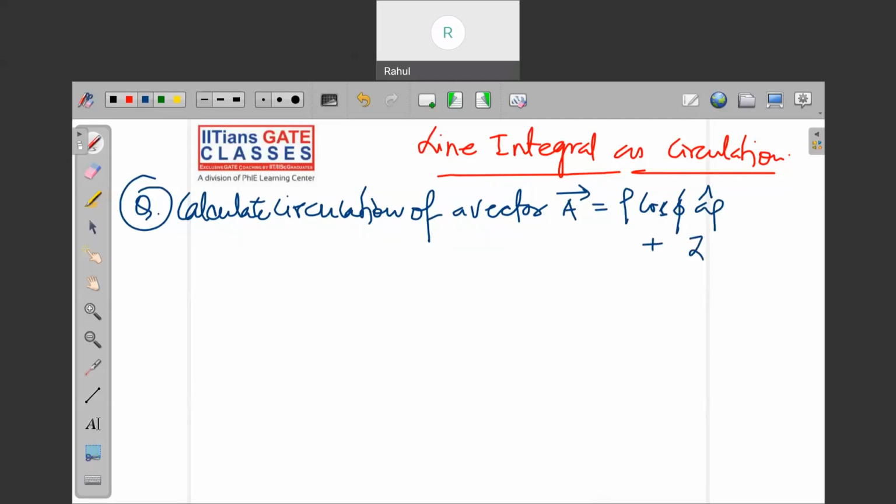They have given z sin phi in the z direction. So here the phi component is missing, so the integral over phi will be 0. So remember that.